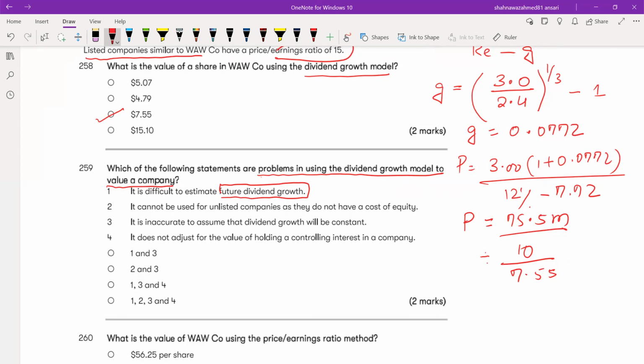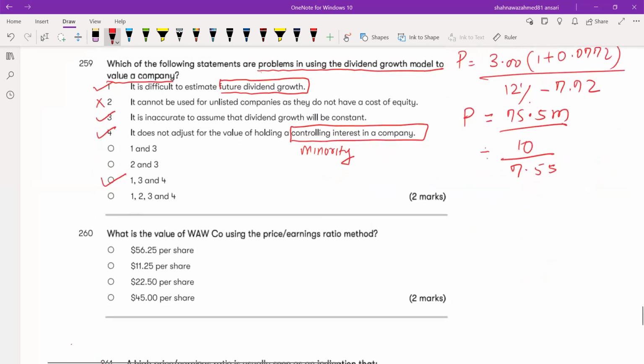They have a cost of equity; they can calculate it. It is inaccurate to assume that dividend growth will be constant. Yes, this is correct. It does not adjust for the value of holding a controlling interest in a company. Normally this model is used for the minority shareholder, so it does not incorporate the controlling interest. So these are the limitations: 1, 3, and 4.